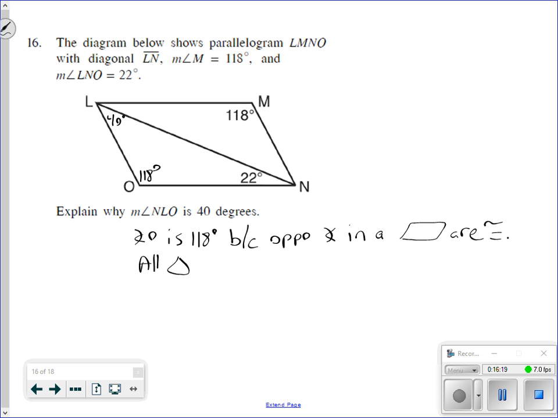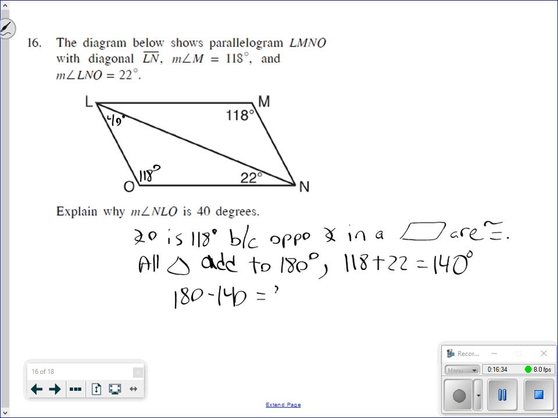All triangles add to 180 degrees. 118 plus 22 gives you 140, and then 180 minus 140 gives you 40 degrees, which is left for angle NLO. So you don't have to write a novel here, but you do have to be very specific, referencing the opposite angles are congruent, and then all triangles add to 180 degrees.